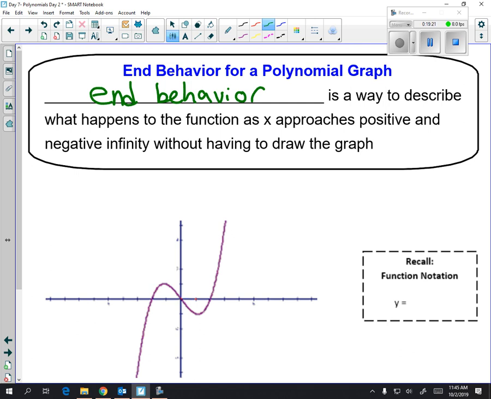So as x approaches positive infinity, we're talking about positive x values, which are to the right. Negative x values are to the left. So it's a fancy way of saying as your graph goes to the right, what's happening? As your graph's going to the left, what's happening?